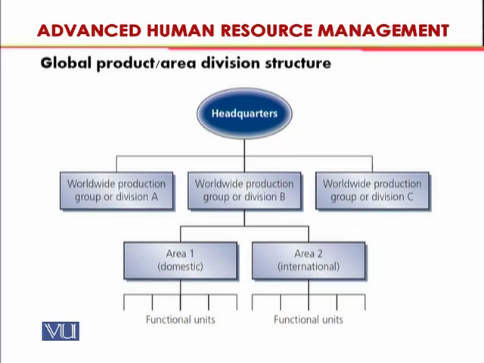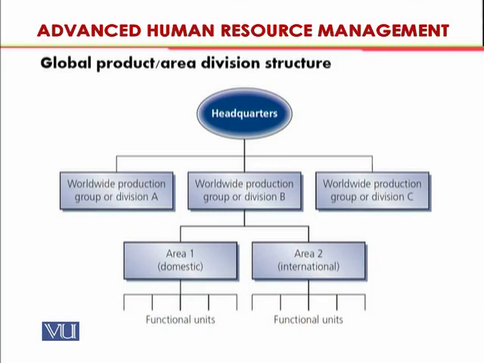And now if they are even more complex, they can go for an area division as well. For example, if they are making a product, and they have overall management of the worldwide production of that product, for example product B, and they are selling in the entire world, then they can also go for adding the area structure in that.